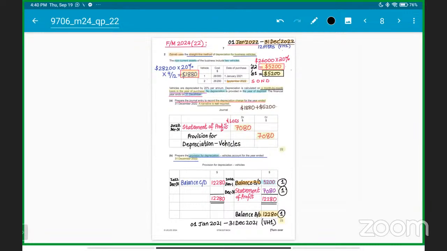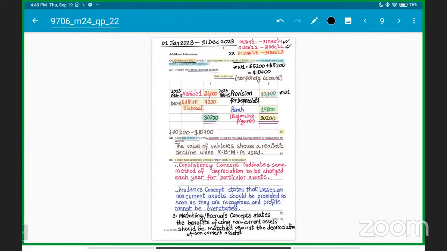They usually ask these types of questions: what are the reasons for depreciation, accounting concepts related to depreciation, why this method is used, why the revaluation method is used for these assets. So just make sure you have the back-end knowledge of this chapter, and you will be able to score good marks. Okay, so we'll continue from here.